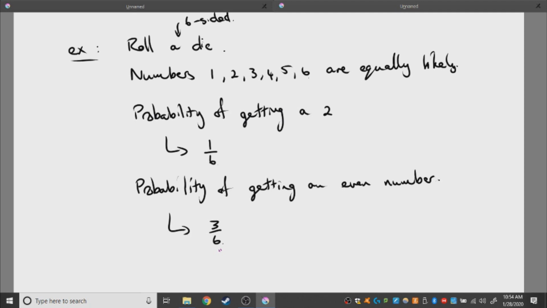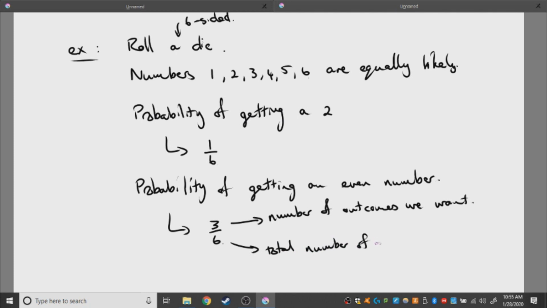So, at this elementary level, it's as simple as looking at the number of outcomes that we're interested in, over the total number of outcomes.